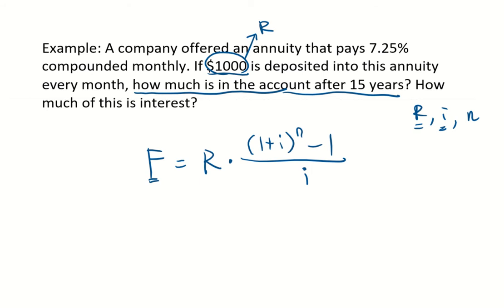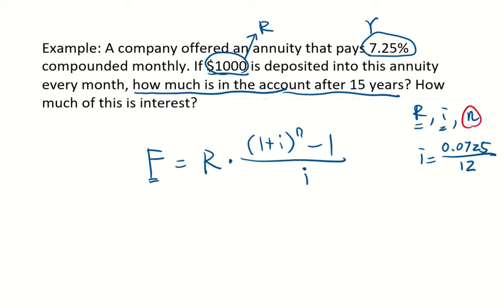In our case, it will be the interest rate per month. Right? The 7.25% is the annual interest rate, which is the R. And I should be equal to 0.0725 divided by each month, 12. That's our I.